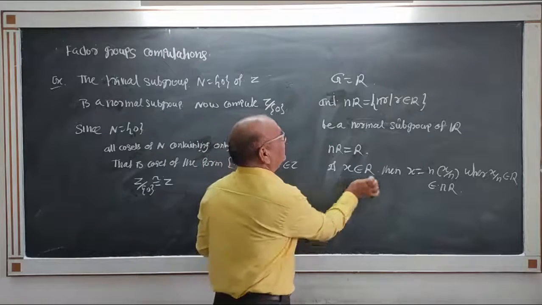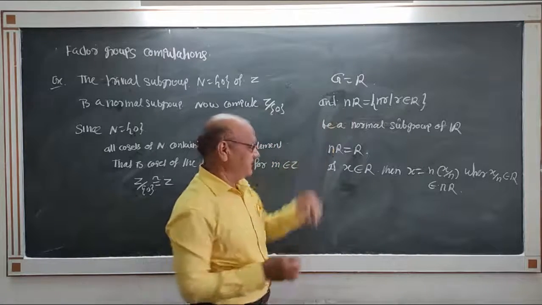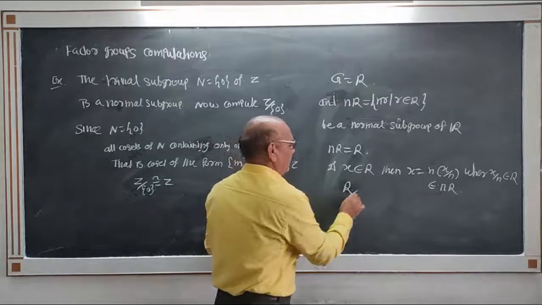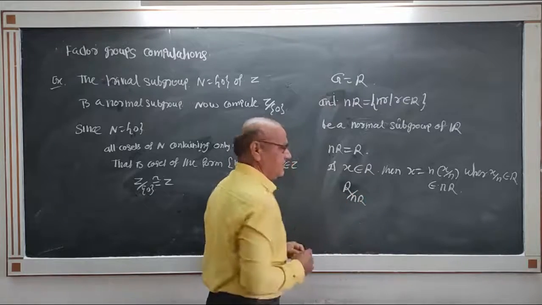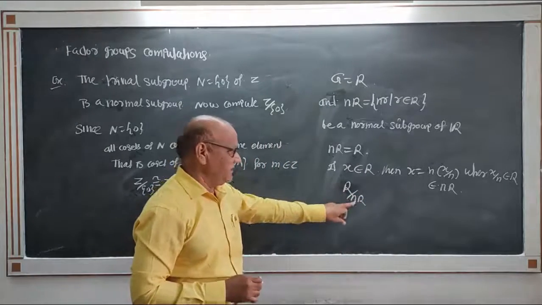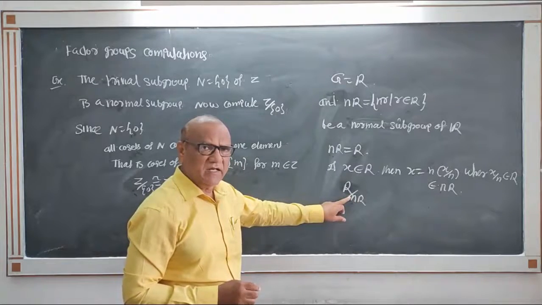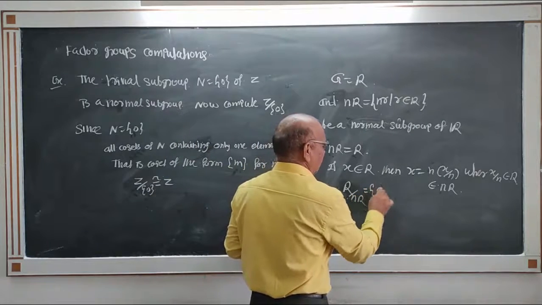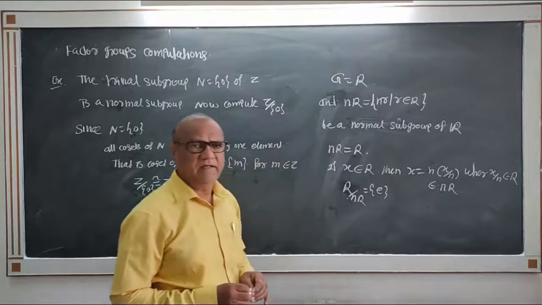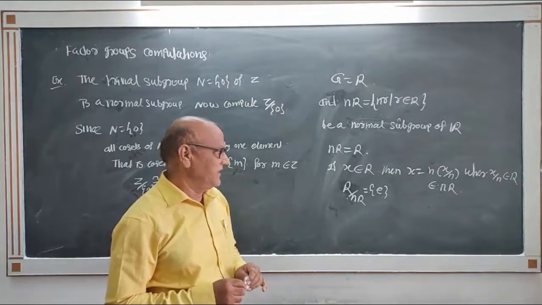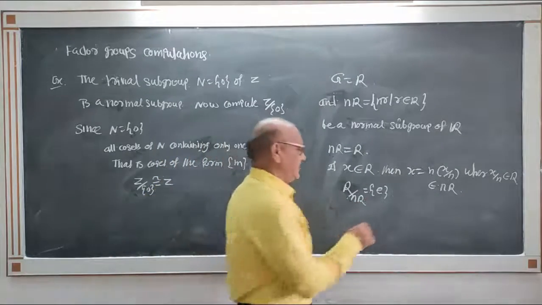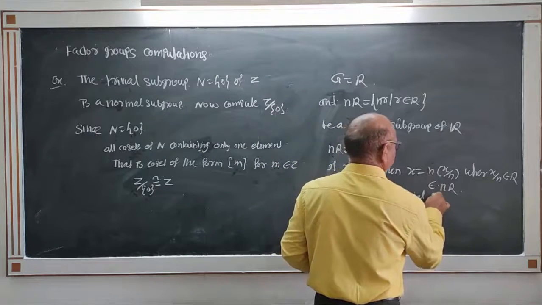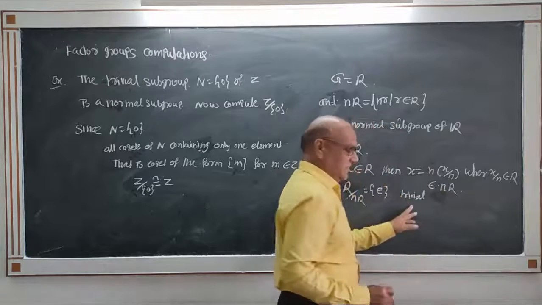Now if you take R by nR, R by nR means R by R. This contains only a single element and this is equal to the identity. That means the trivial subgroup or trivial group.